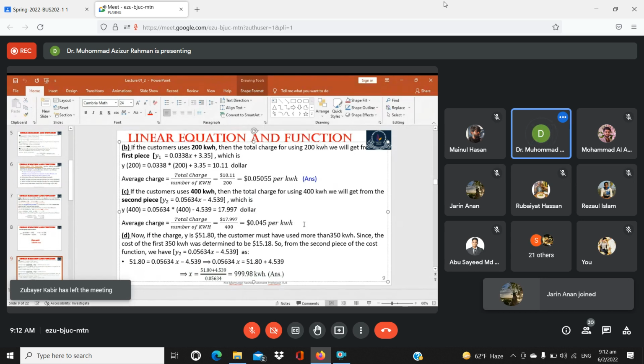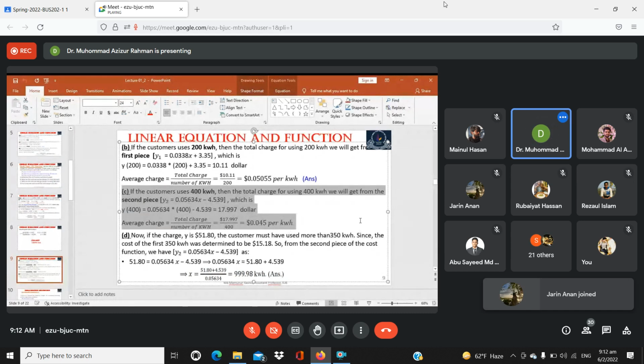So our part C is also done. We can do it a similar way. You have to find total cost divided by kilowatt hour. Using 400 kilowatt hour, you will get $0.045 per kilowatt hour.